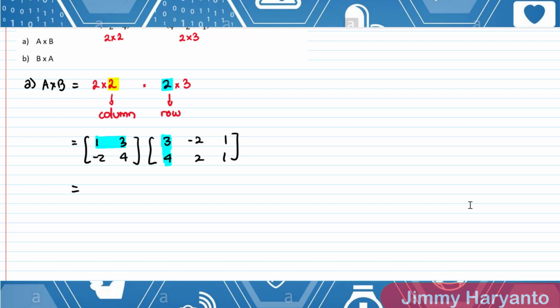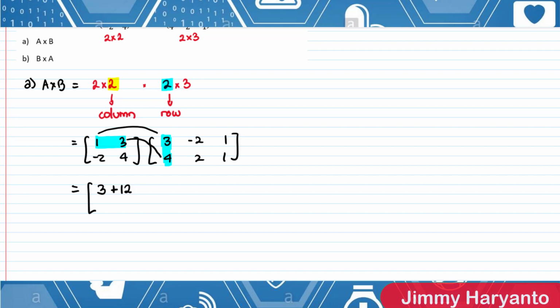So the first row times the first column. To multiply them, you multiply 1 times 3 equals 3. And then if we have another number in this step, you multiply them again, 12, and then we add the result of the first and the second result.